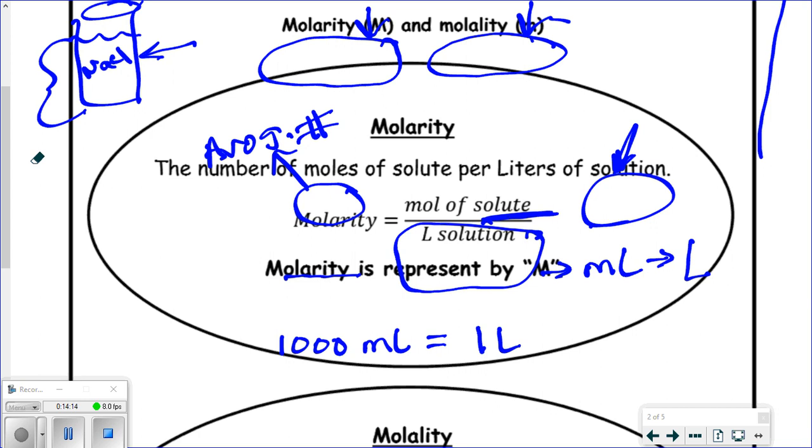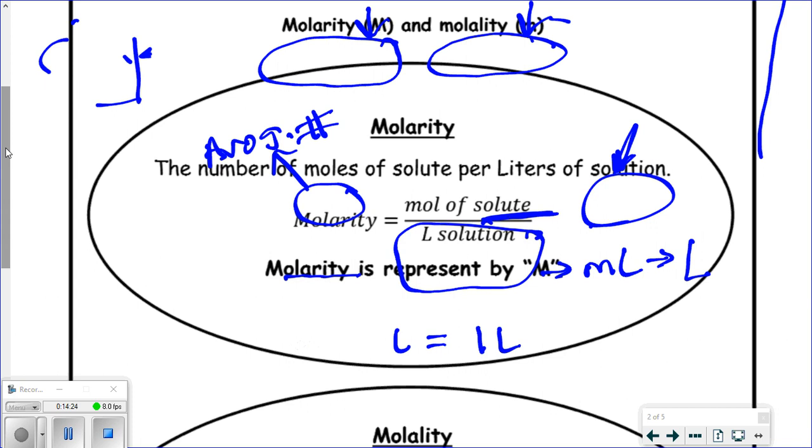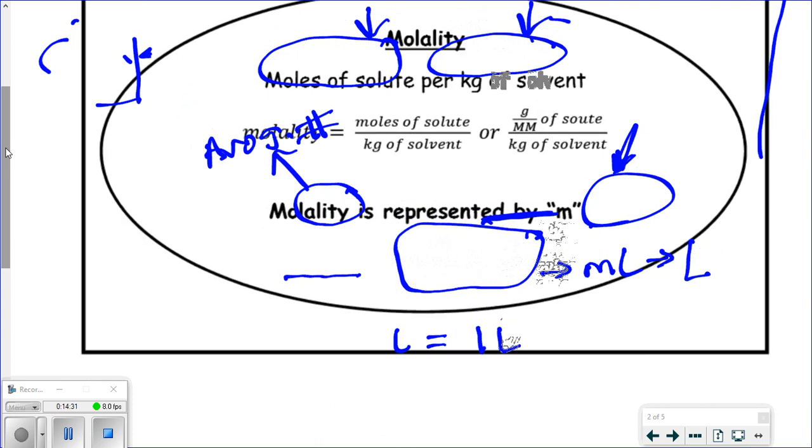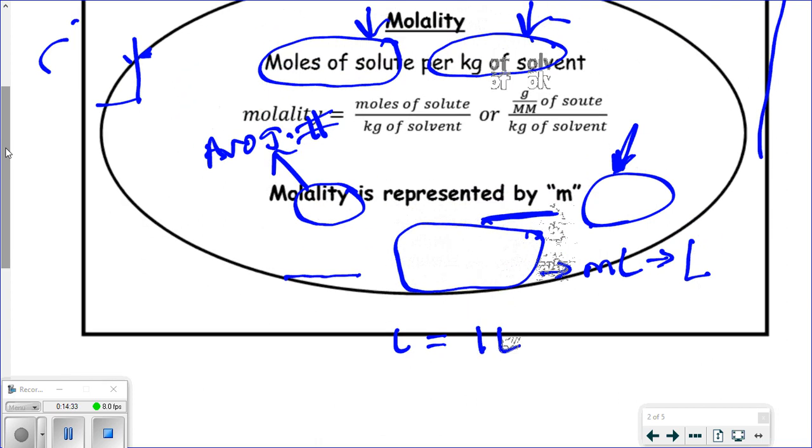Unfortunately, sometimes my iPad is not showing what is on my computer screen, which is what you guys are seeing. So I kind of have to erase everything. I'm sorry. Again, terribly sorry. All right. So molality, let me get the eraser here.